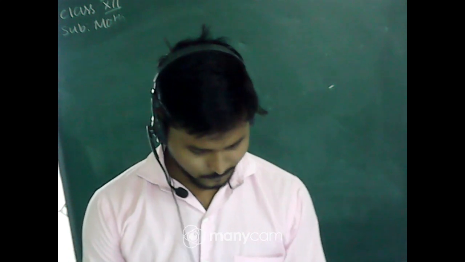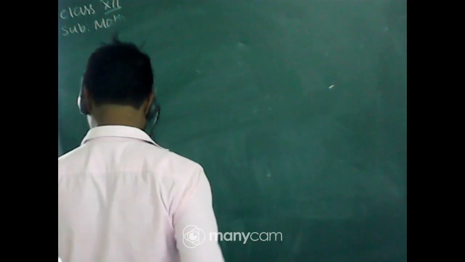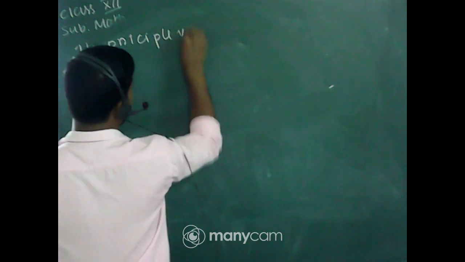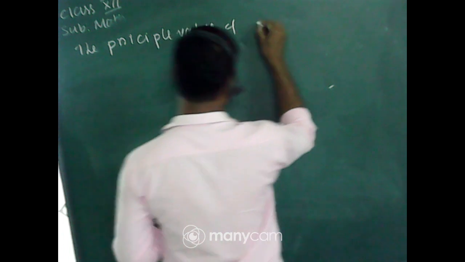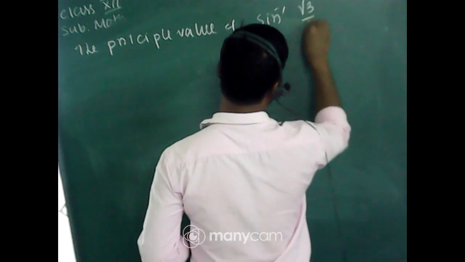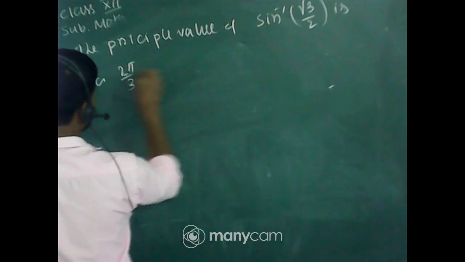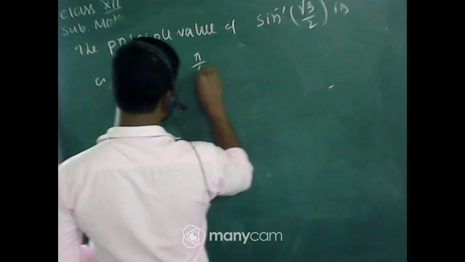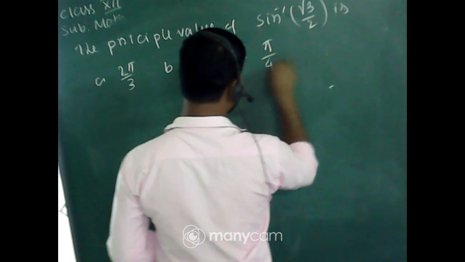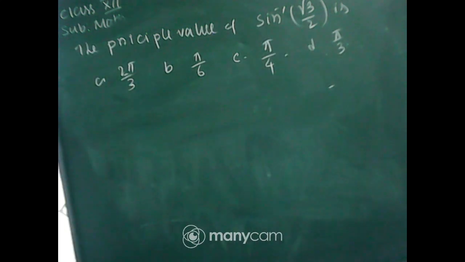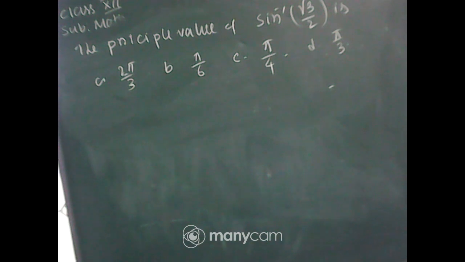The next question is, the principal value of sine inverse root 3 by 2 is, and the options are A 2 pi by 3, B pi by 6, C pi by 4, and D pi by 3.